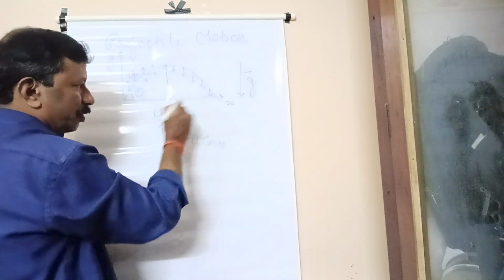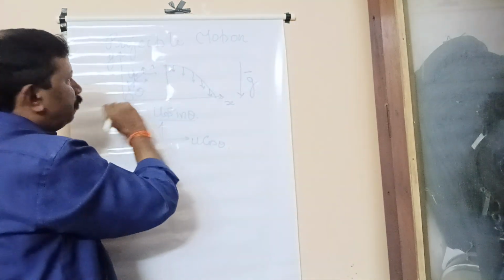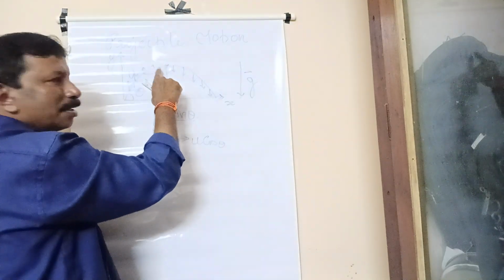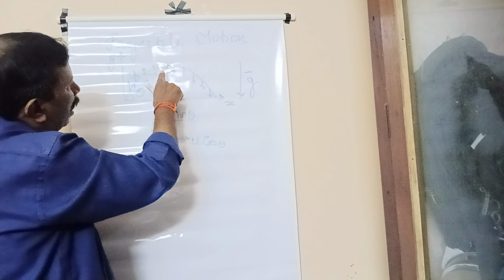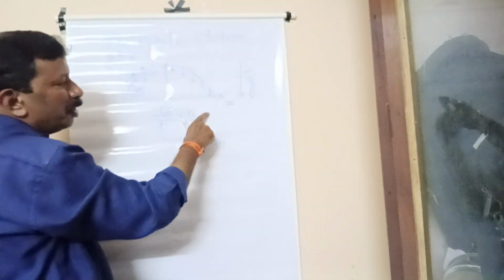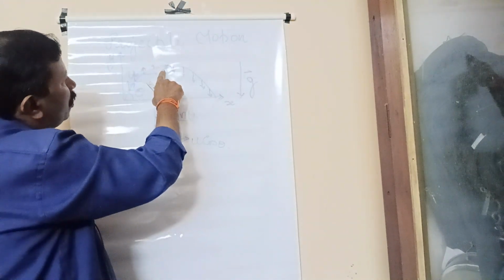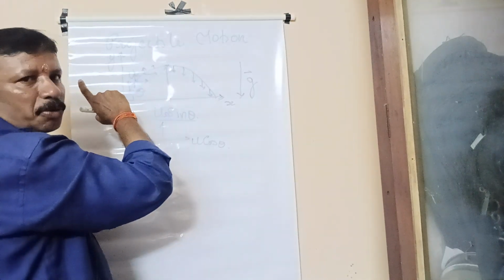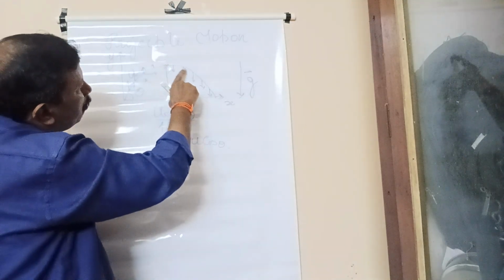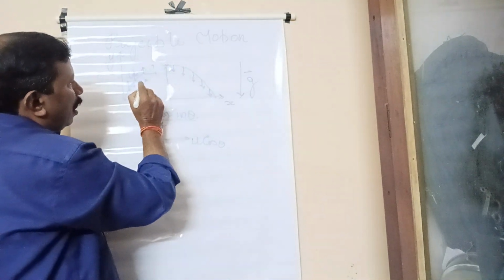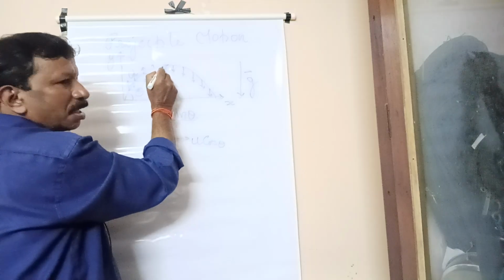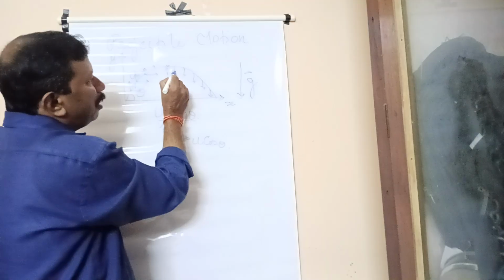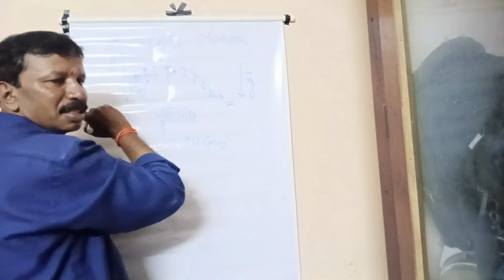There is a question: in projectile motion, what is the velocity of the particle at the maximum height? At the maximum height, the velocity is not 0. If the velocity were 0, the particle would simply fall to the ground. Only the vertical velocity tends to 0 and then increases as the particle reaches the ground.